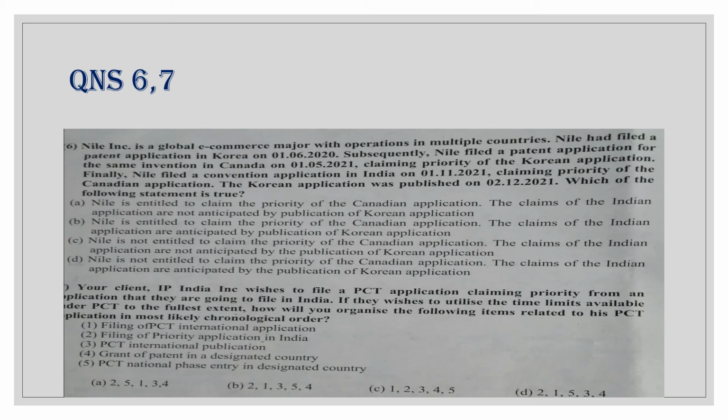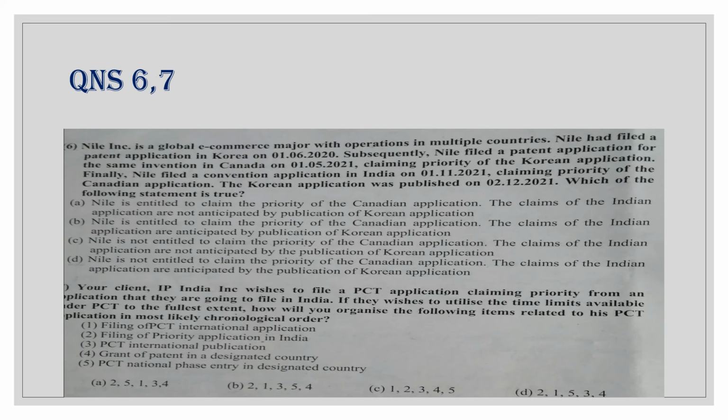Option C. Nile is not entitled to claim the priority of the Canadian application. The claims of the Indian application are not anticipated by the publication of Korean application. And option D is Nile is not entitled to claim the priority of the Canadian application. The claims of the Indian application are anticipated by the publication of the Korean application.